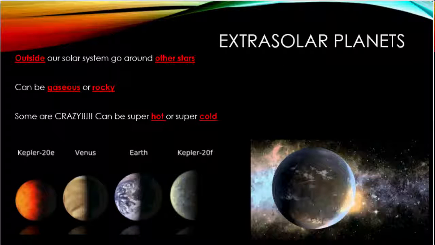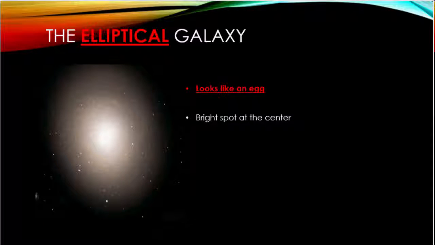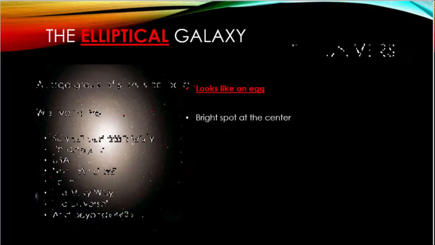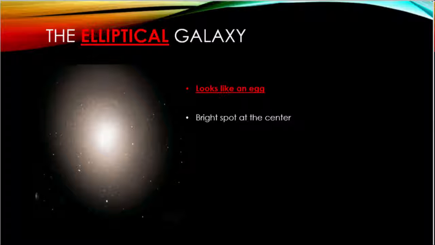There's some review going back to the galaxies on your worksheet. We talked about this yesterday, and we'll go back and look at it for a moment here today. So we have a number of different types of galaxies. We have an elliptical galaxy, which has a bright spot at the center.